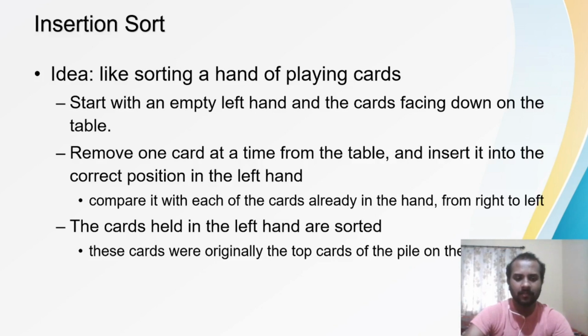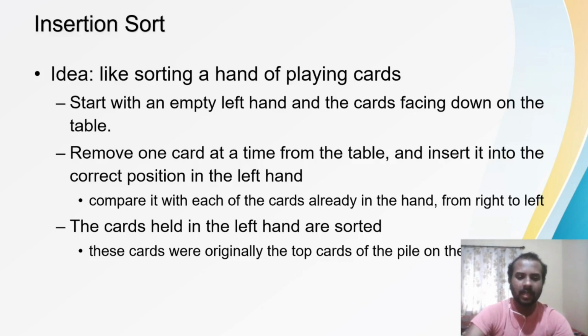The second time, I am going to take another card from the table. Before I insert the card into my left hand, I am going to check whether the card in my right hand is lesser or greater than the card in my left hand.